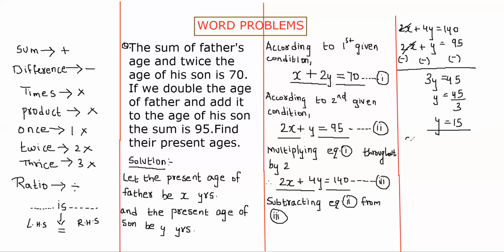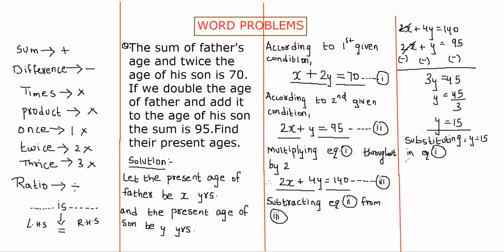Now once we get the value of y, we'll substitute it in any of the equations to get the value of x. So substituting y equals 15, in any equation, students, we can substitute. Here we are substituting in equation 1.